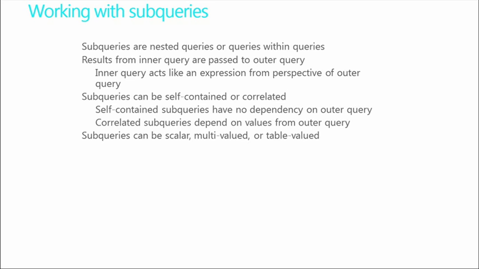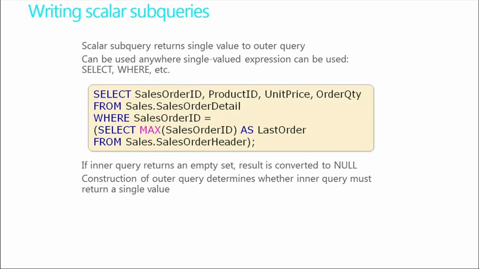Subqueries can be either scalar, multi-valued, or table valued. So we'll take a look at a scalar subquery here. We're going to do a select order ID, product ID, unit price, order quantity from the order detail, where the sales order ID equals, now we're going to use the subquery, select max sales order ID, and we'll return that in the column called last order, and we're going to get this information from the sales order header.